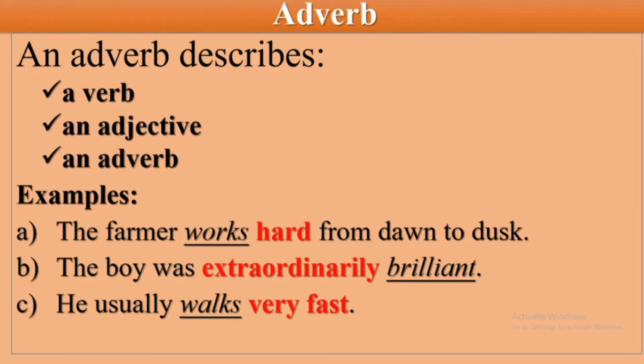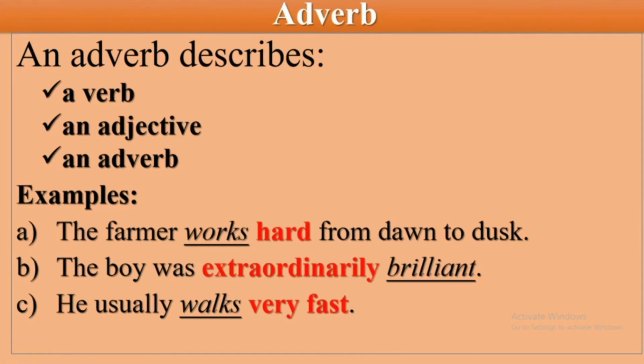And if I ask, how fast? The answer is very fast. So fast is an adverb because it has modified the verb walks, and very is also an adverb because it has modified another adverb, that is fast.